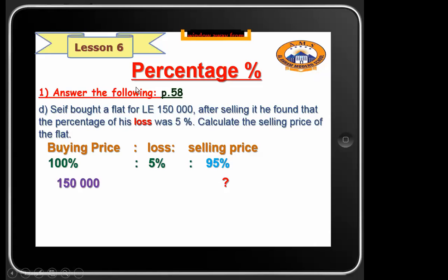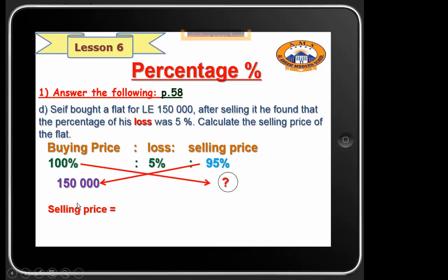And below buying price, I'm going to put 150,000. Now, what shall I do? Cross multiplication. So the number below the question mark is 95 multiplied by 150 over 100.